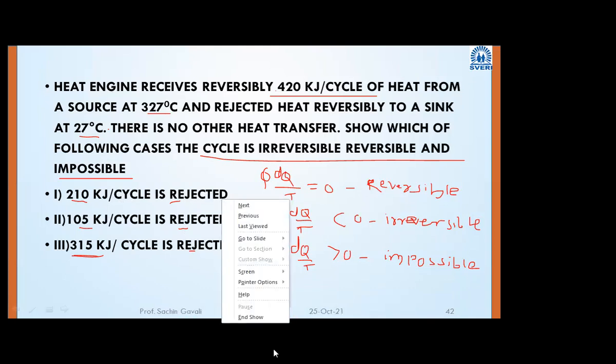Can you be able to solve? Please mention in the chat box. Anybody? Nobody is interacting in the chat box. Whether I am audible or not. Am I audible? Yes, sir. So can you solve then? Prerna, Prathamesh. Say yes, sir, whether I am audible or whether you can solve. Are you able to solve?